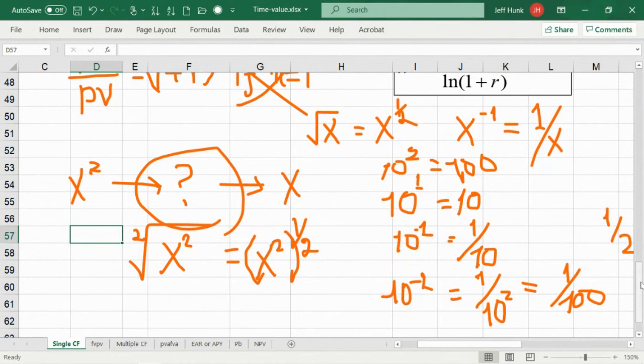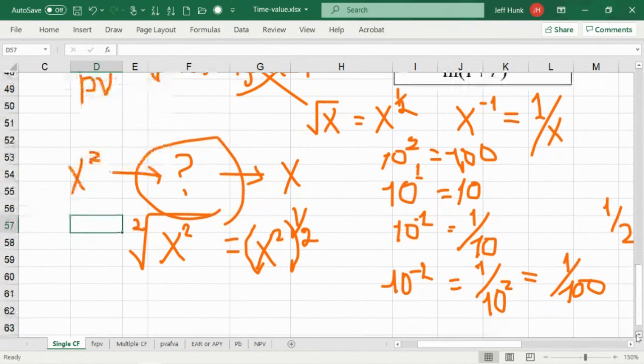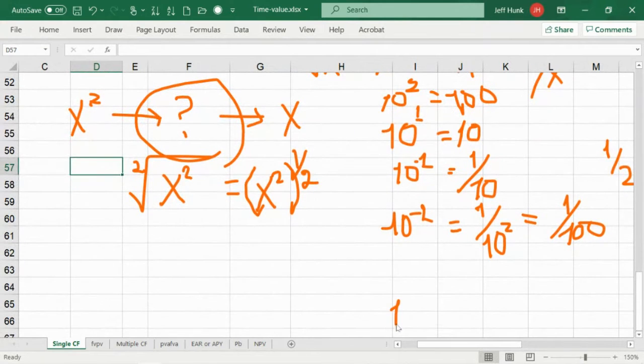Then what about a fraction exponent? An exponent that is a fraction is actually the root of the power, right? So 10 raised to half is the square root of 10, of course.